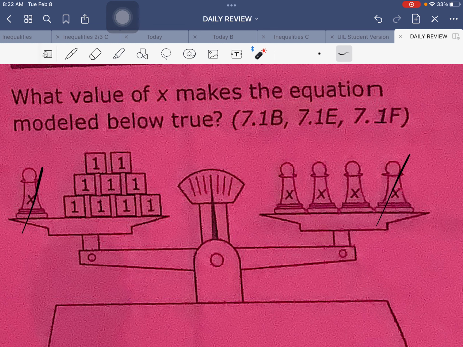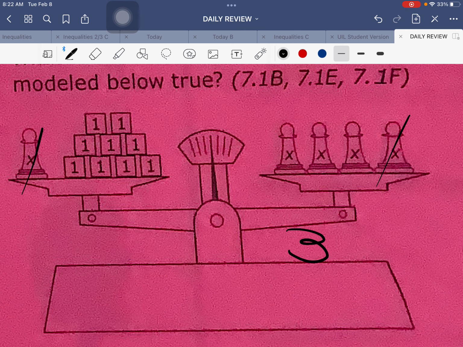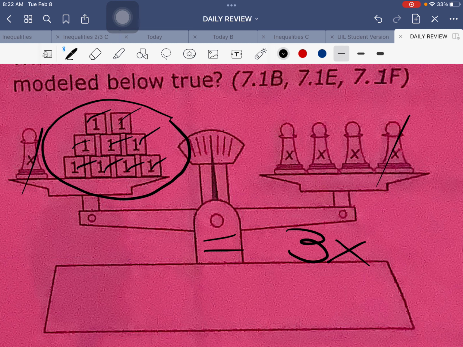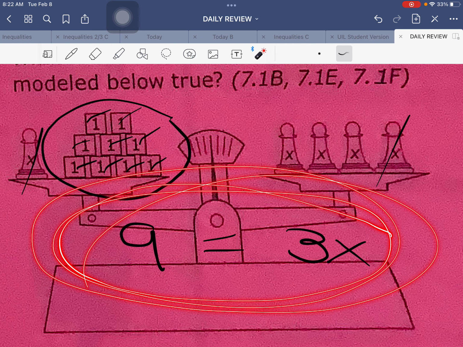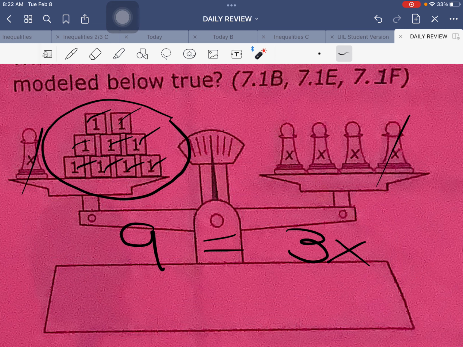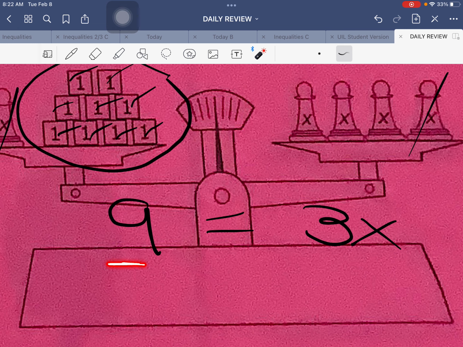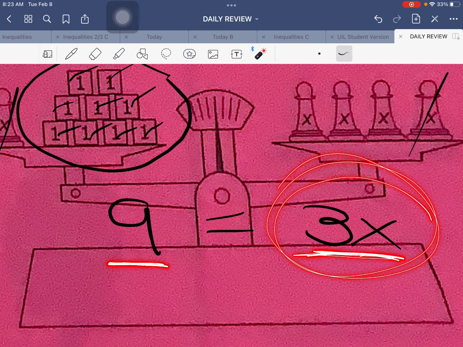So right here I have 3x, which is equal to, how many are these? 1, 2, 3, 4, 5, 6, 7, 8, 9. 9. So 9 equals 3x.